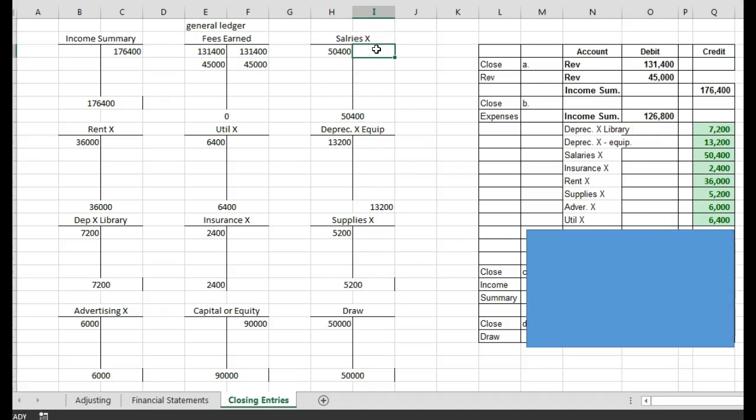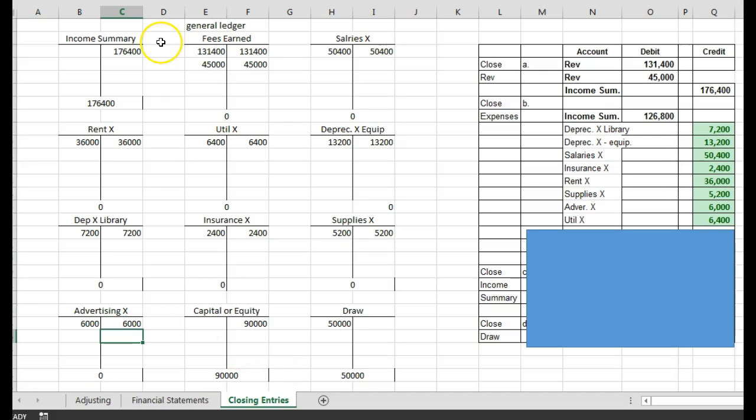But let me show you, if you credit each one of these, the balance becomes 0. And that's what you want. So you can have a clean account to start keeping track of expenses in the next financial period, or accounting period, however you want to look at that. So you'll notice as I am crediting each one of these, all the balances are becoming 0.